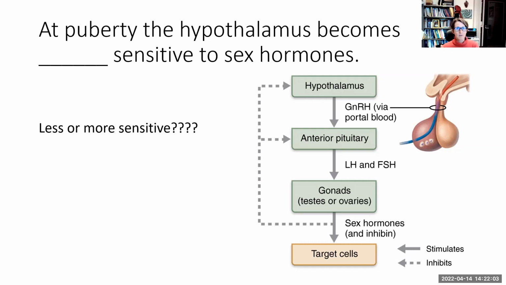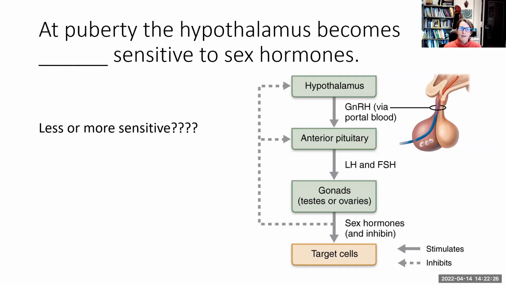Around the age of puberty, the hypothalamus becomes, what do you think, more or less sensitive to those sex hormones? What's going to let the hypothalamus release more GnRH that's going to lead to more LH and FSH and more sex hormones? Are you sure? Yeah. All right.